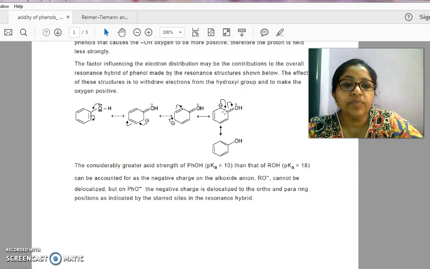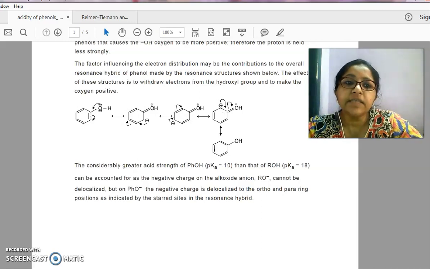So what do you understand by electrophilic? Electrophilic means electron liking. So some compound, some species, some molecule which has a deficiency of electron, definitely those type of molecules will be having a liking for electrons.